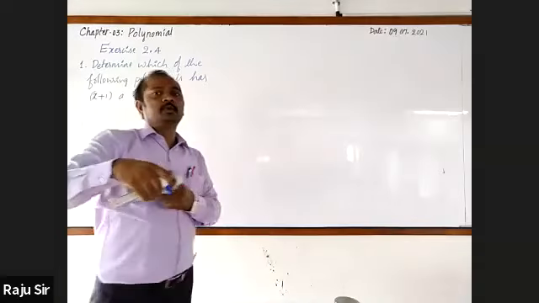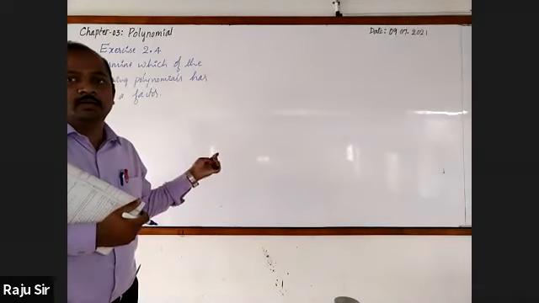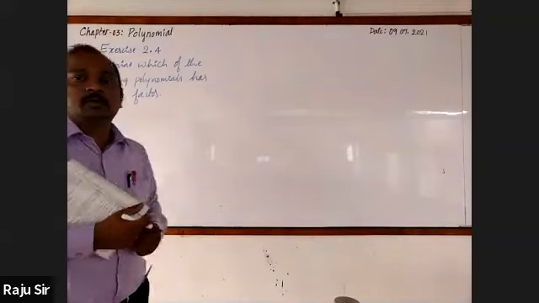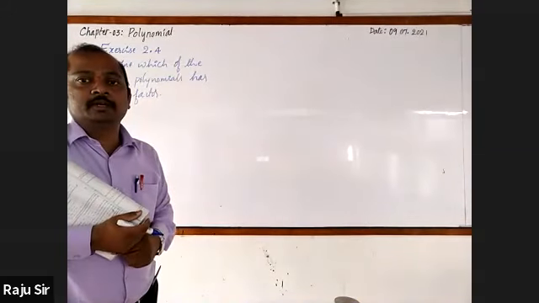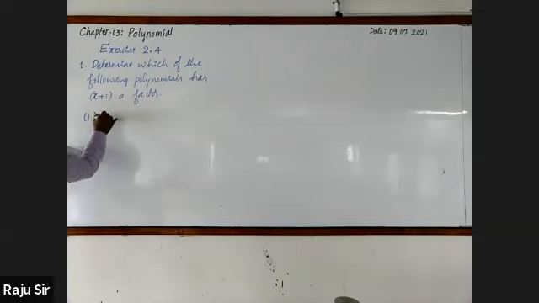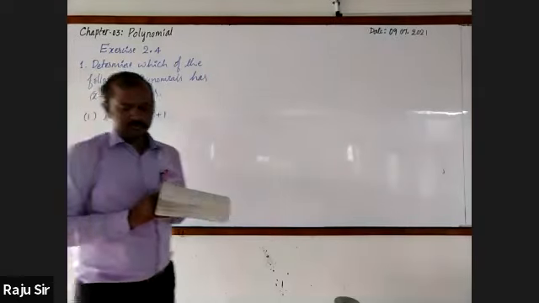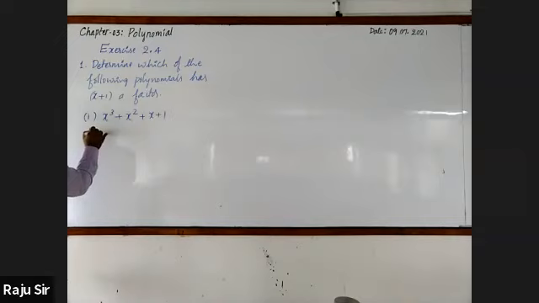Dear students, you know that if it is to be a factor, on substituting, what should be the value of the polynomial? Zero. Let's take one by one. The first one is x cubed plus x squared plus x plus 1.